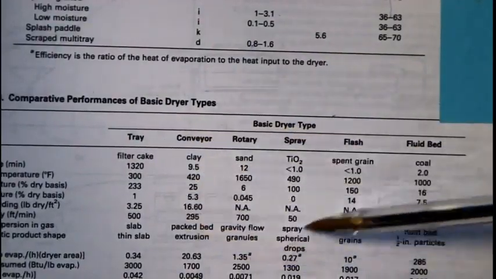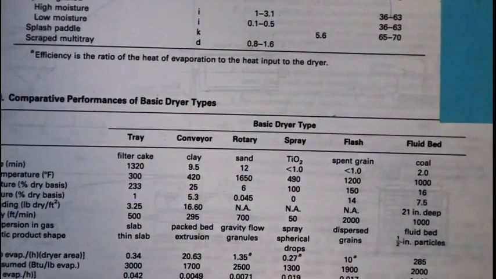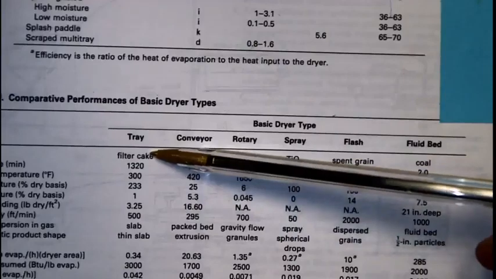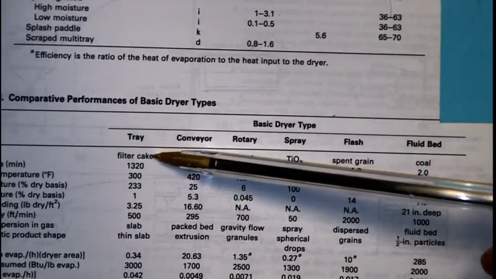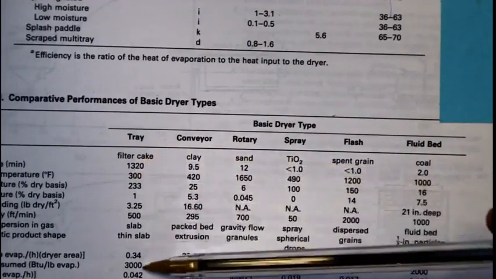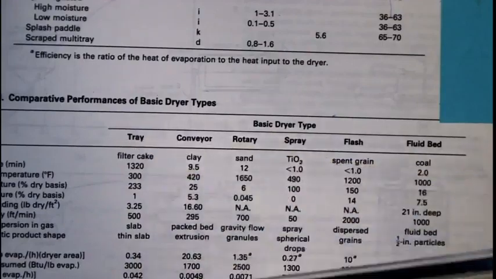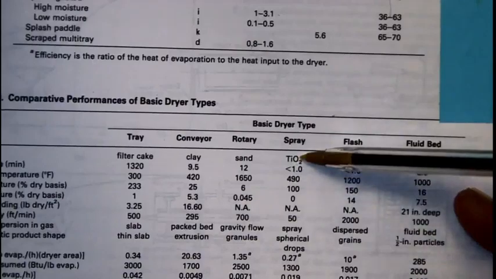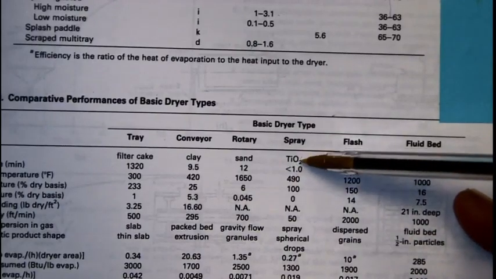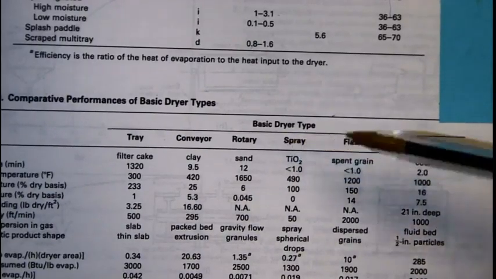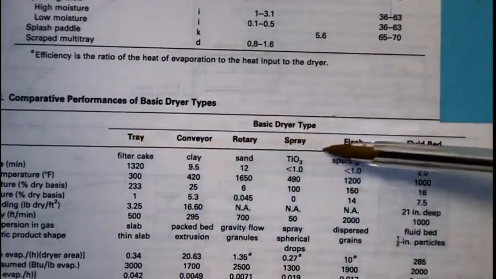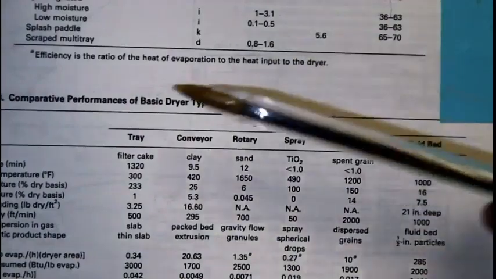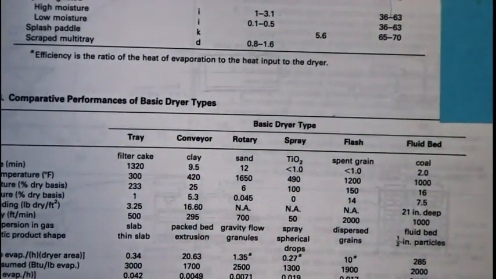So we have a lot of design options sitting here. If I'm trying to dry, say, ceramic tile, I might use a tray dryer. But if I'm drying our friend TiO2 for DuPont, I would want to use a spray dryer. So depending upon how you handle the solids is what dryer you pick.